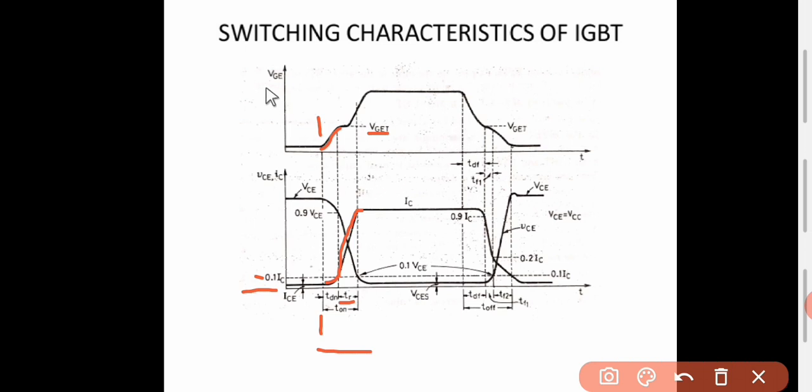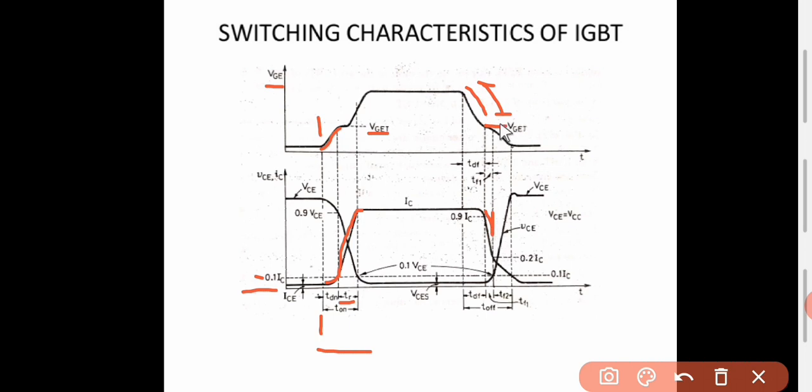If we remove the gate signal, the gate voltage starts reducing, but the collector current does not decrease immediately, because only when the gate voltage reaches VGST does the collector current start reducing, since until then there is enough voltage to keep the device turned on.